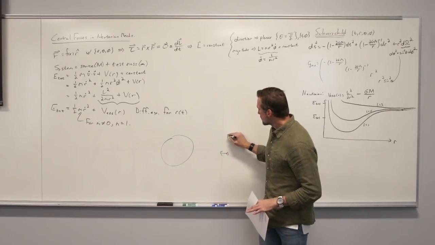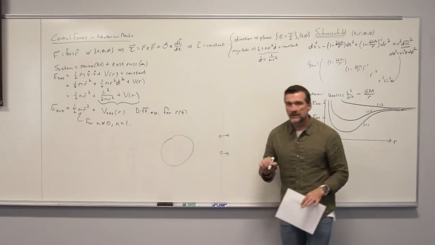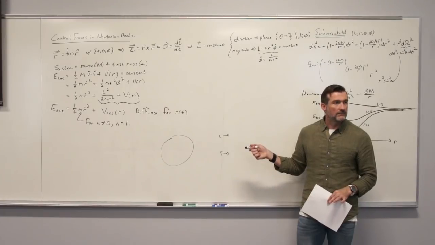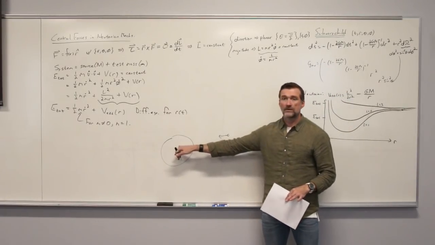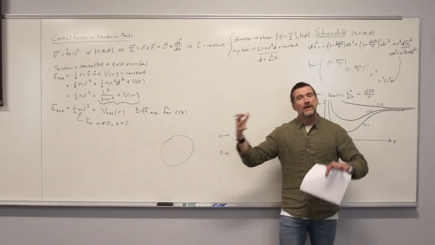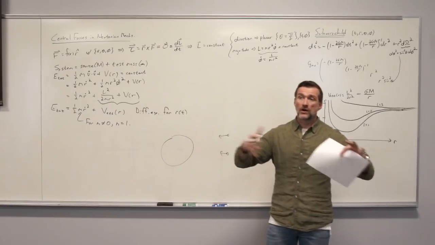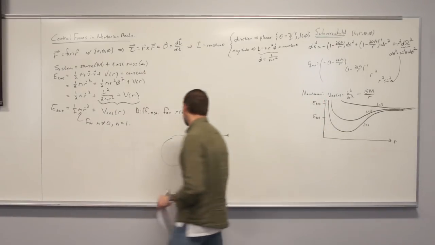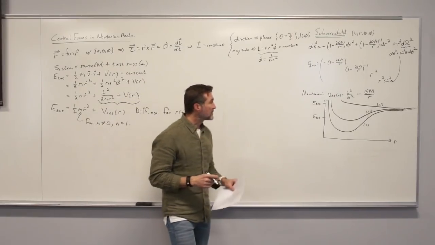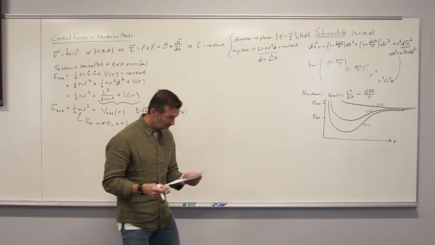But if I launch it from up here in that direction, it might have the same amount of energy, but it would have a different angular momentum. Because here the angular momentum would be 0 because it's going straight toward the center, but here it's off-center, so it would have some non-zero angular momentum. So the angular momentum and the total energy are somewhat independent, okay? Somewhat independent. Extreme cases, they can determine each other.